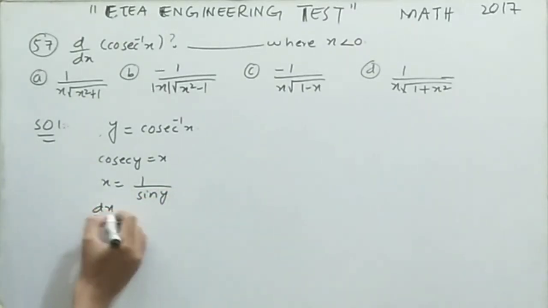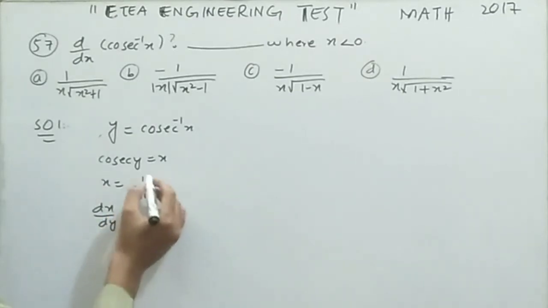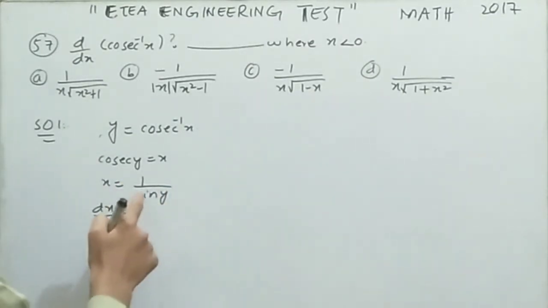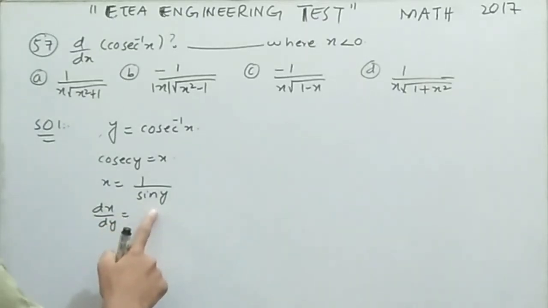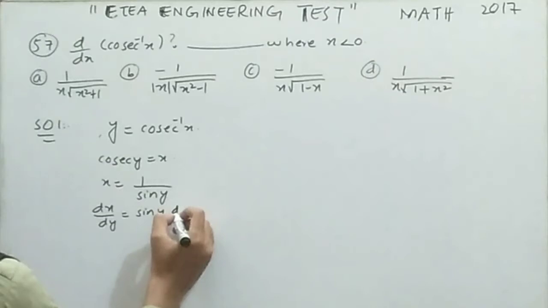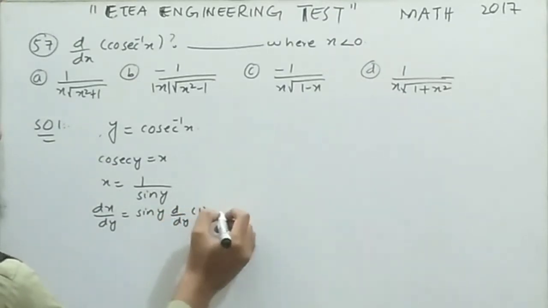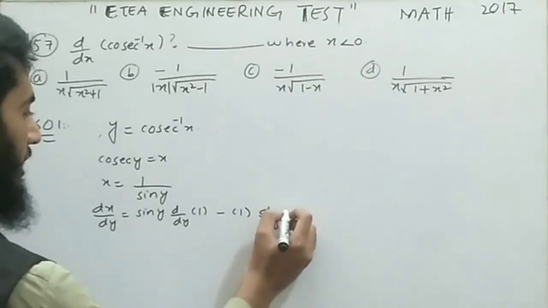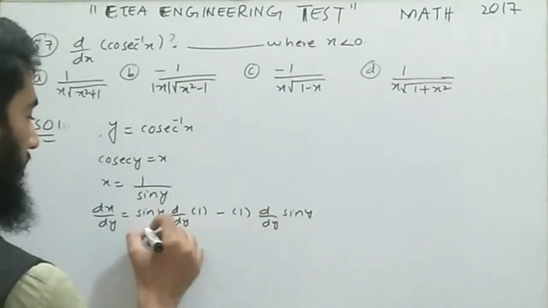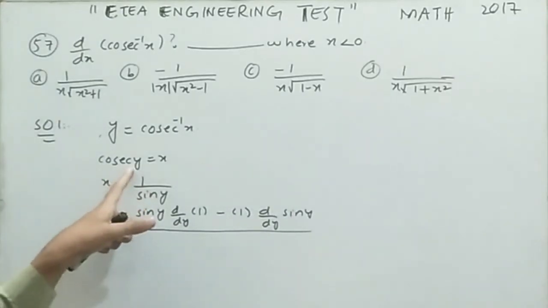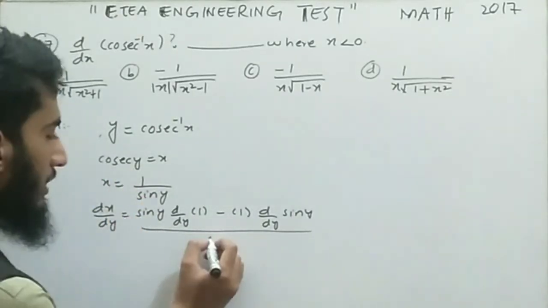Now differentiate both sides with respect to y. So on this side it becomes dx by dy, and over here I will use the quotient rule of differentiation for the derivative of 1 over sine y with respect to y. So it becomes sine y times the derivative of 1 with respect to y, minus 1 times the derivative of sine y with respect to y, divided by sine y whole square.